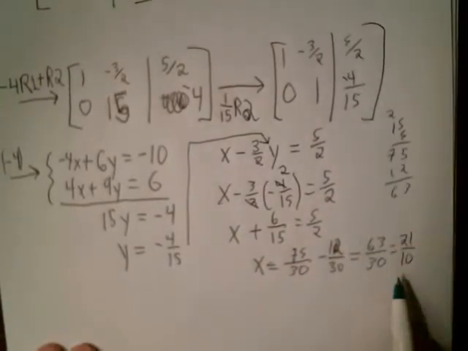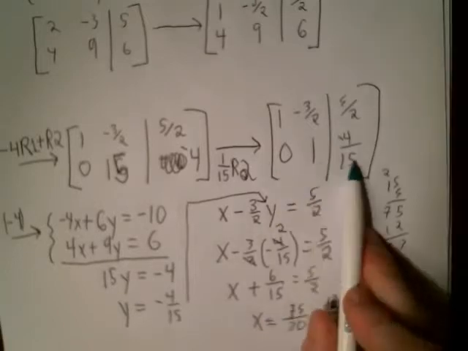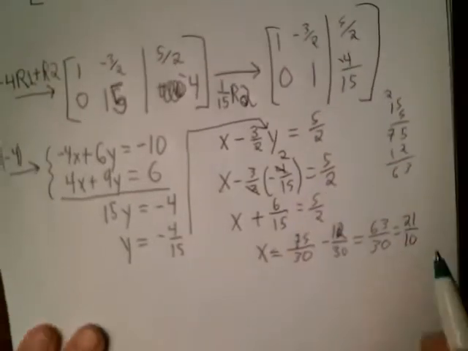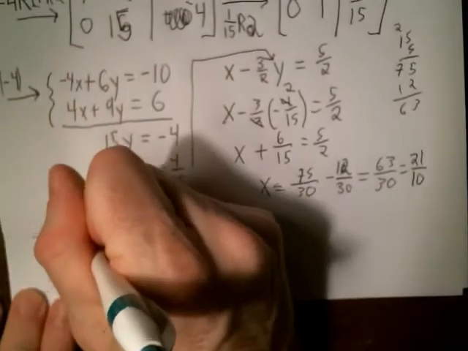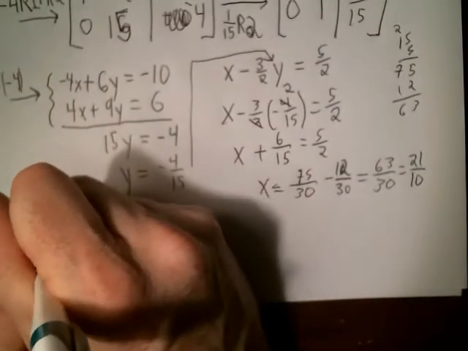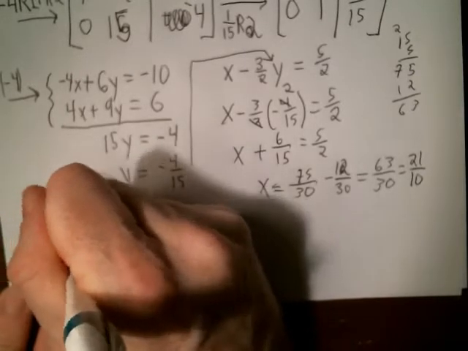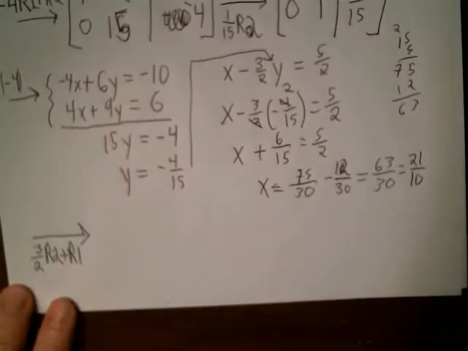In the matrix, we can get this solution by now multiplying this equation and then adding it to this equation. Okay, so with the matrices, what I'm going to do is multiply the second equation by 3 halves and then add it to the first equation. It's basically rows.